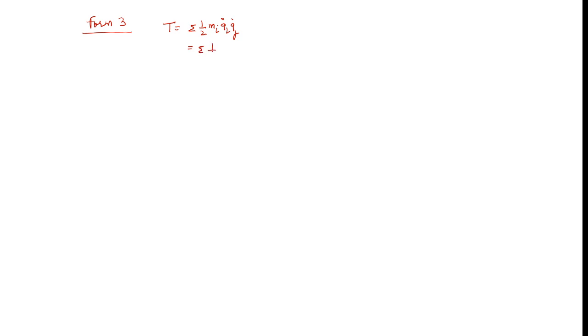If I write it as half mi dqi dt dqj dt, then twice T is equal to mi dqi dqj upon dt square.